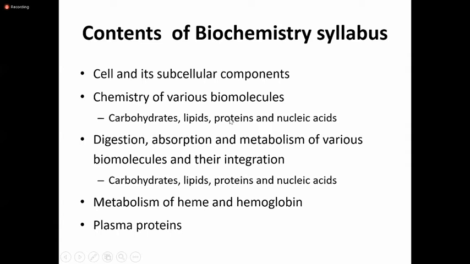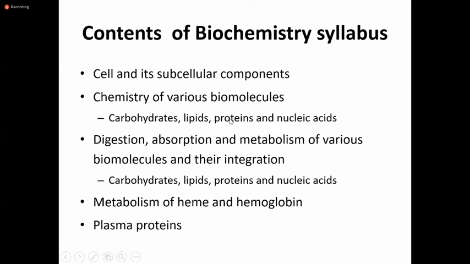The next important and very big part of biochemistry is digestion, absorption, and metabolism of various biomolecules and their integration, how they are interrelated. Here you are going to learn about carbohydrates, lipids, proteins, and nucleic acids.